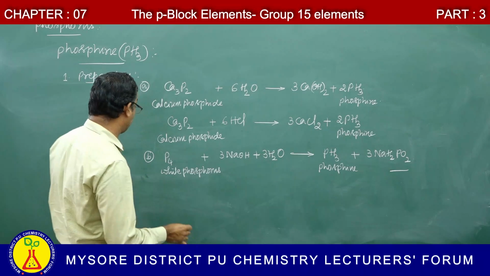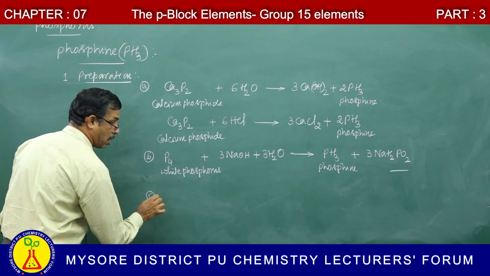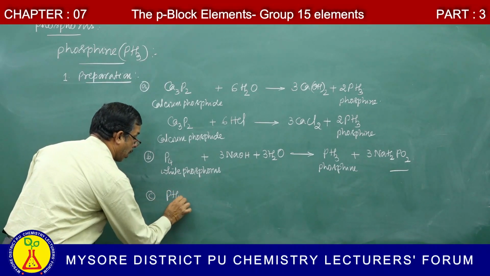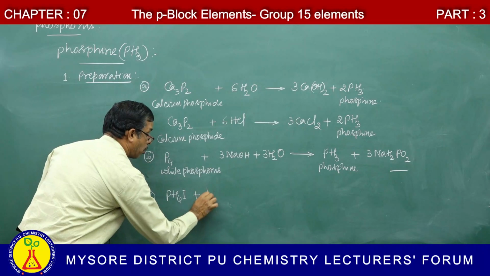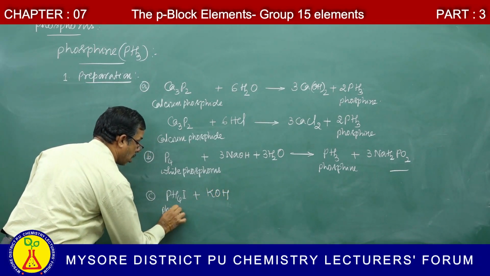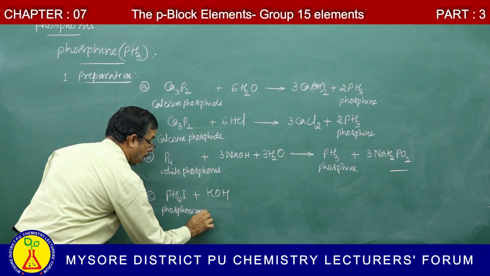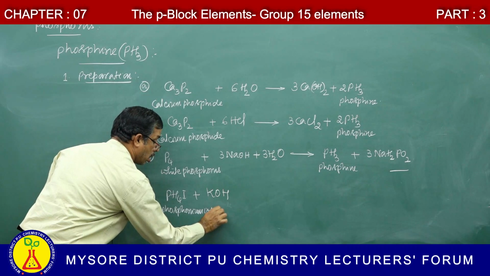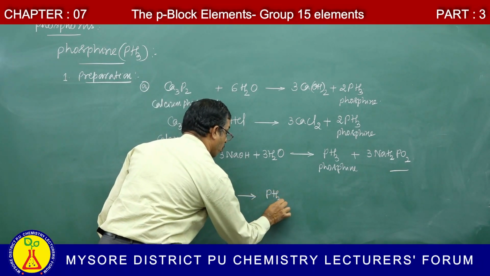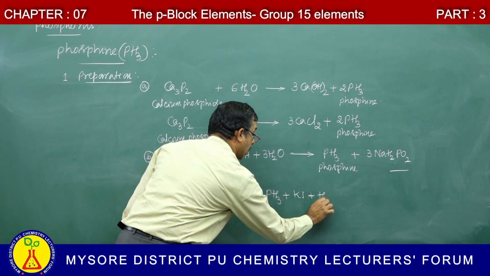The third method of obtaining phosphine is by the action of phosphonium iodide with KOH. This is phosphonium iodide. Here we get PH3 plus KI plus water.